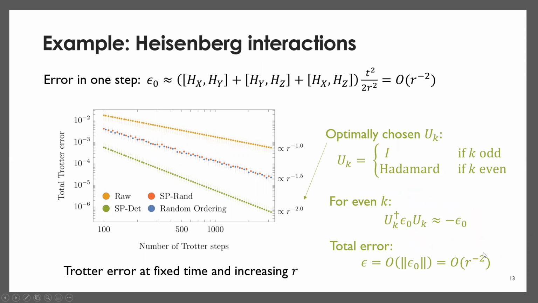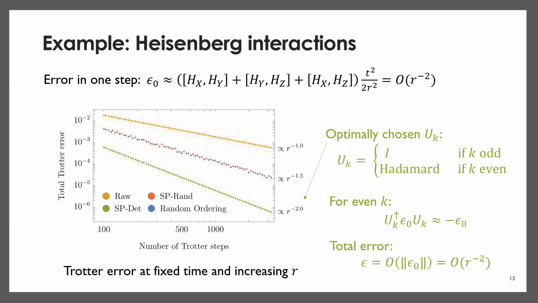Instead of choosing this U_k randomly, we can also look at the structure of the error in one Trotter step and choose this U_k in an optimal way. In this example, if you sandwich the error in one Trotter step in between Hadamard gates, then you will induce a minus sign in front of the error. So that's what we're gonna do for an optimally chosen symmetry protected simulation.